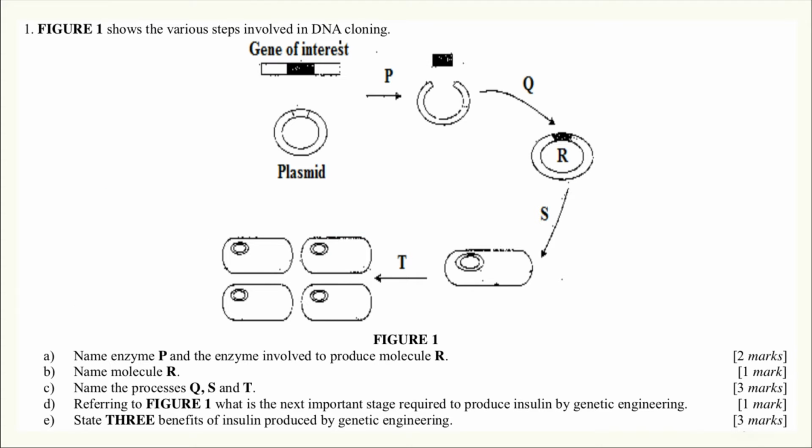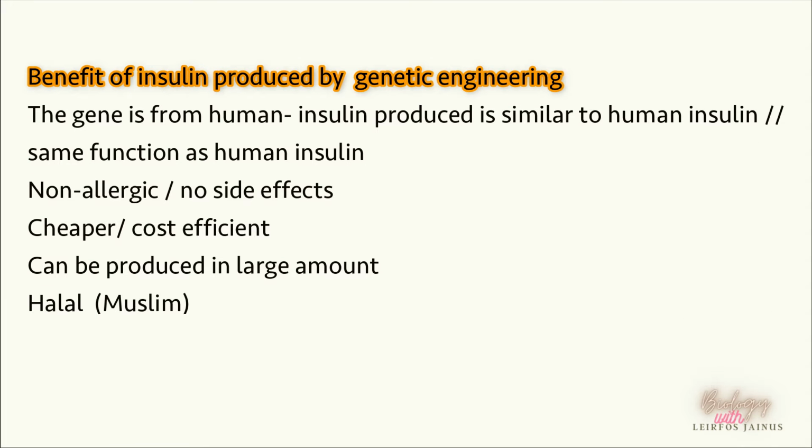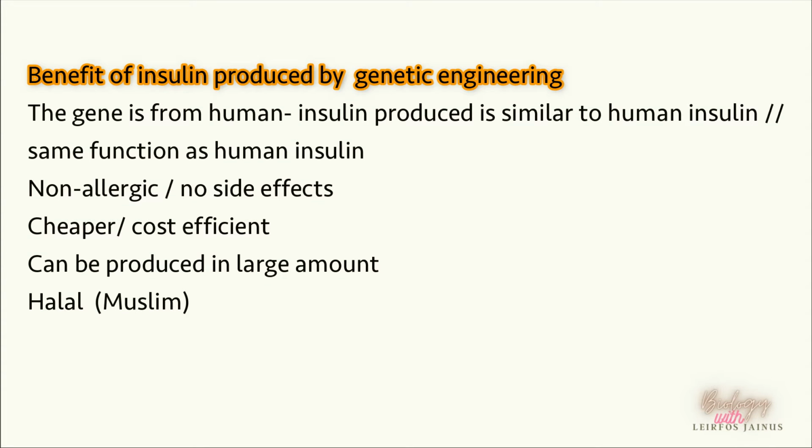The next question, state 3 benefits of insulin produced by genetic engineering. The target gene is from human, so the insulin produced is similar to human insulin. So it is non-allergic or has no side effects. It's cheaper or cost efficient. It can be produced in large amounts, and it is halal from the Muslim perspective.